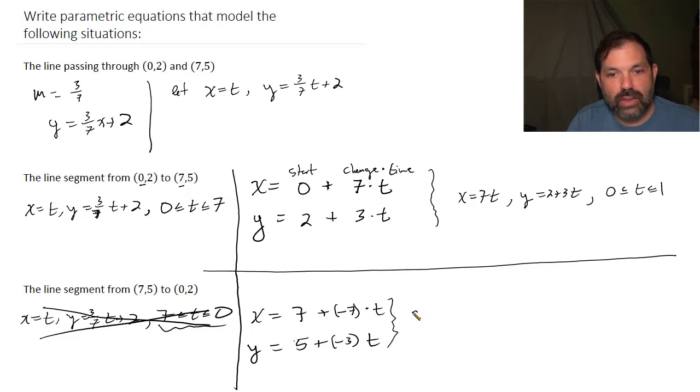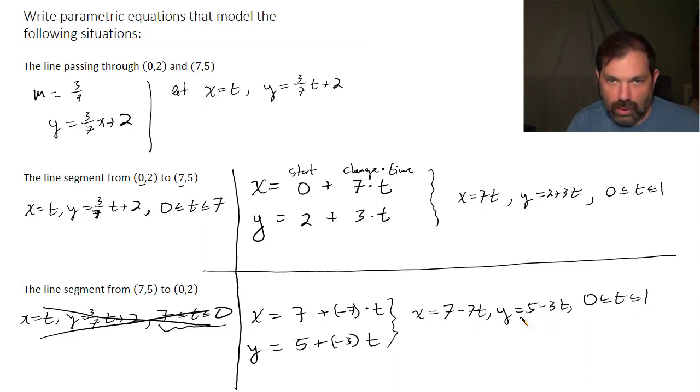So I would write x equals 7 minus 7t, y equals 5 minus 3t, and again, t varies from 0 to 1. You can verify that this works. If we substitute 0, we get (7, 5), and if we substitute 1, we get (0, 2). So that's the preferred method for line segments: to think of the x and the y as a starting value and a change over time.